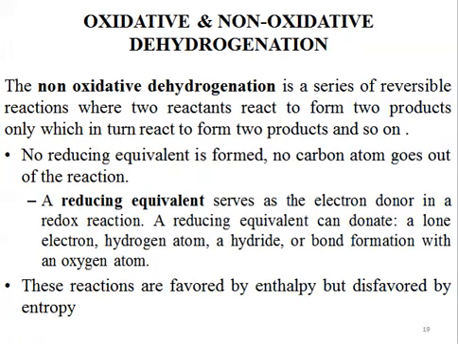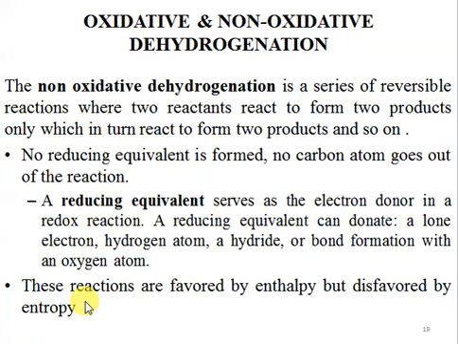So there is no change in the number of reactants in these reactions. Since there is no change in the number of reactants and products, you can predict that the entropy remains the same for these reactions. So since the entropy is remaining the same, these reactions are not favored by entropy.